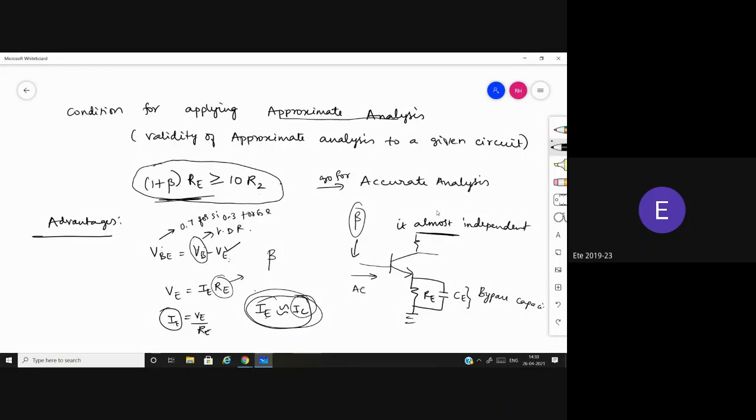We know the bypass capacitance acts as a short circuit for AC and an open circuit for DC. That's why we are using it to filter out. If I remove this RE, what might happen? Only AC will go to the ground.